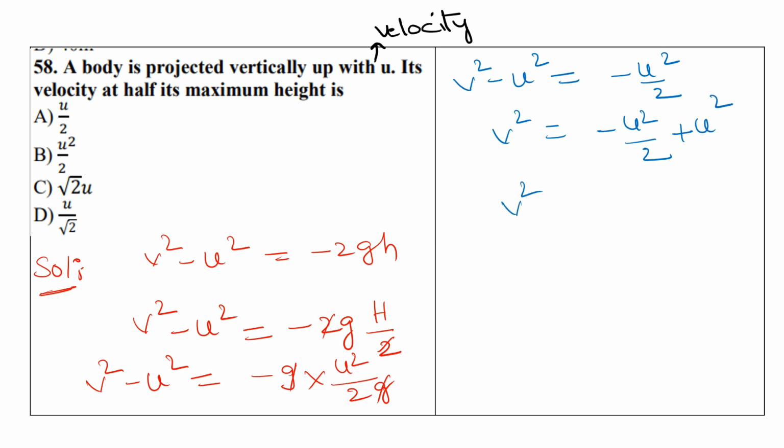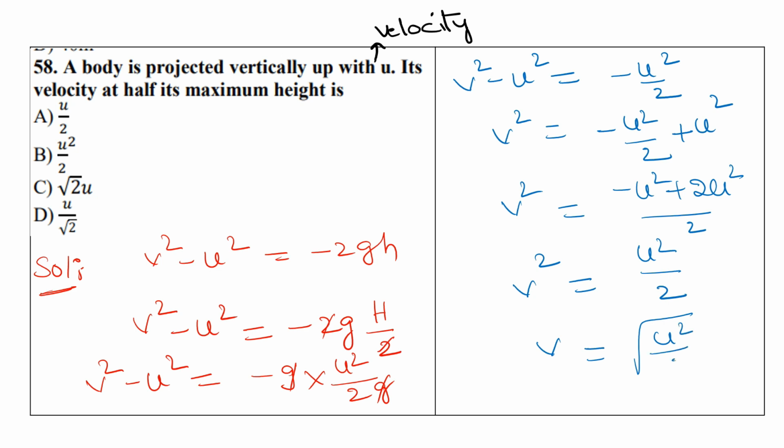So v square is equal to minus u square plus 2u square by 2. So we are getting v square is equal to u square by 2. This can be written as v is equal to root of u square by 2. So the square root cancels, this becomes u by root 2. So therefore velocity at half of its maximum height is v is equal to u by root 2. Okay. Thanks for watching this video.